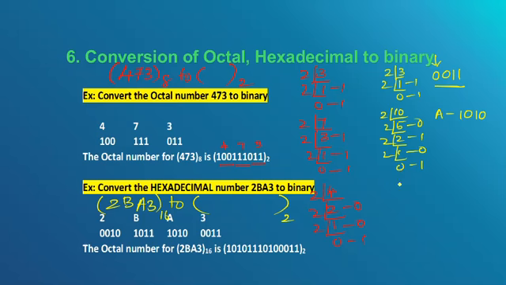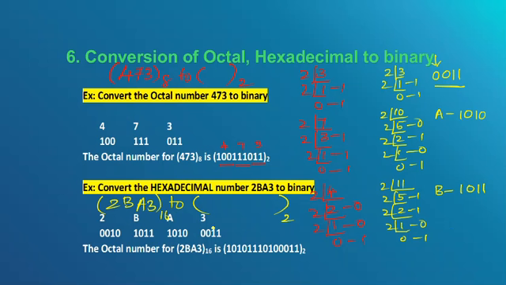Similarly, B is 11. 2 into 2 is 1, and 2 1s is 0, and again dividing you get 1. So in 4 bits, B will be 1 0 1 1.